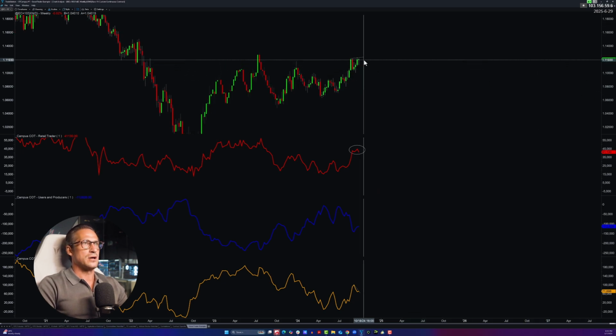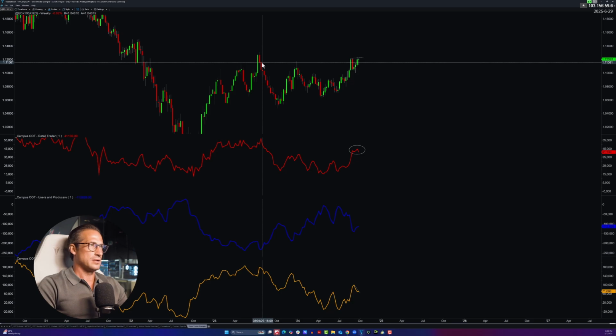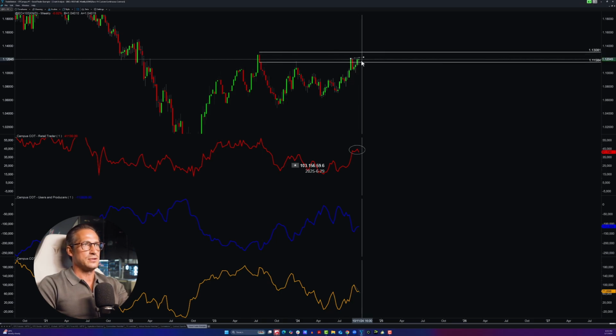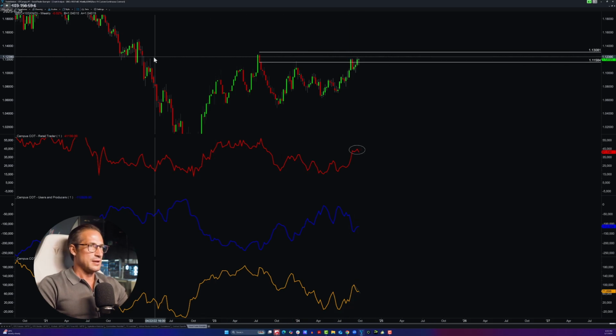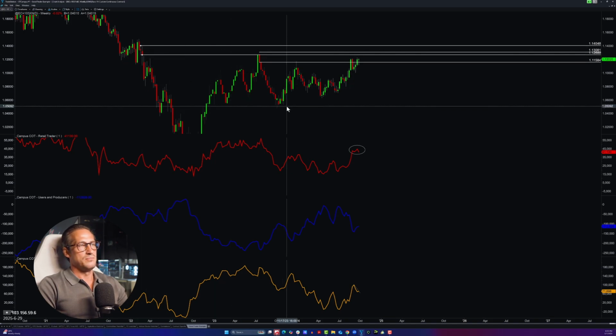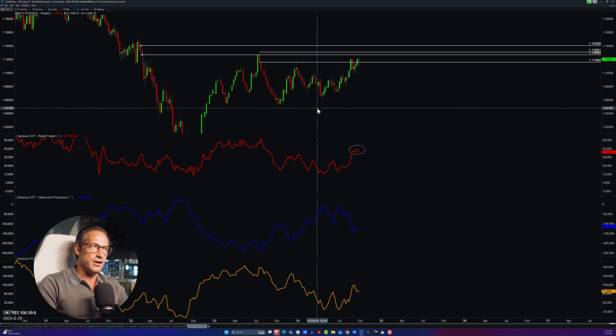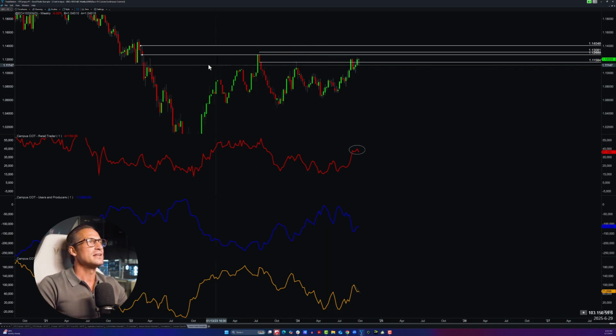On the weekly chart, we see a supply zone which has been tested a couple of times. The way I'm doing this, very advanced, we have level on top of level overlapping here. It has been tested here just a little bit.